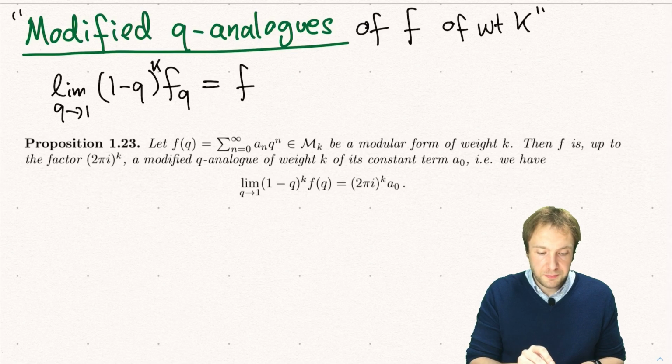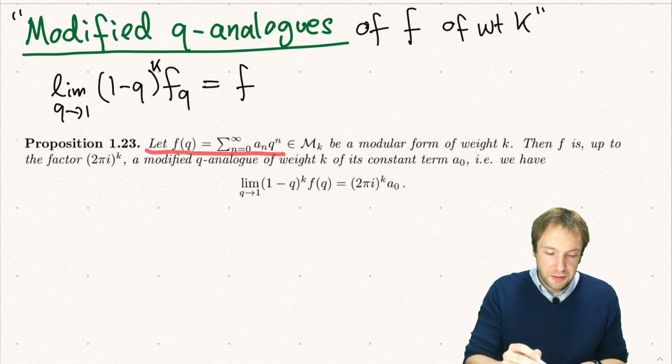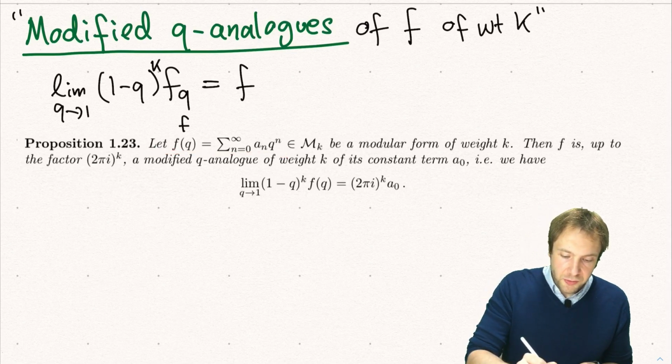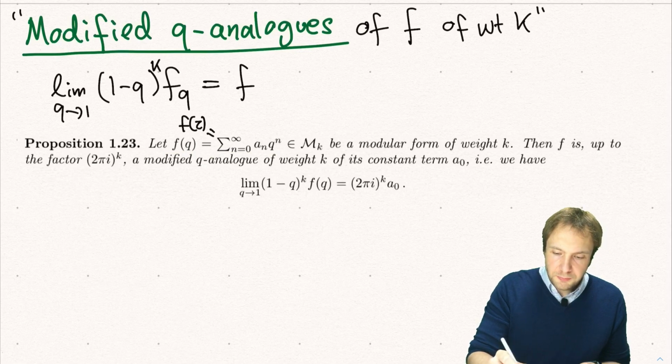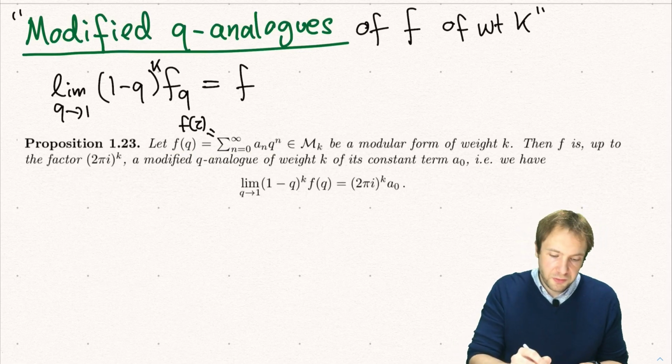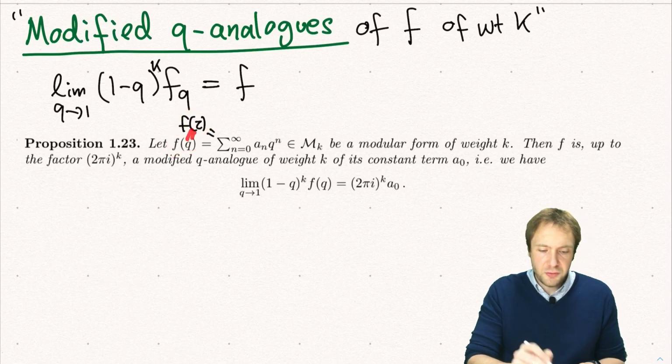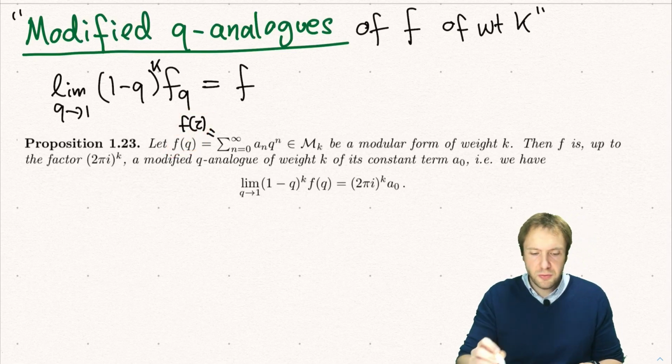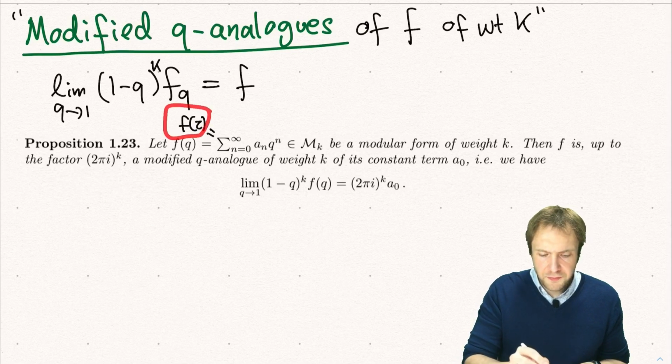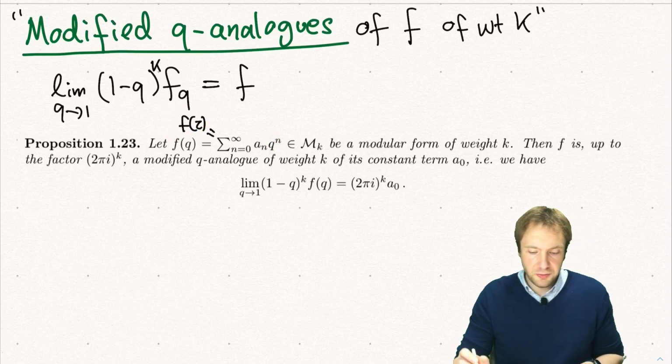So more precisely, if I have a modular form, so now usually in the definition we wrote this as f of tau, but we can also view it as a function of q. So by abuse of notation I will use these two notations, f of tau and f of q. And f of tau just means q is e to the 2 pi i tau.